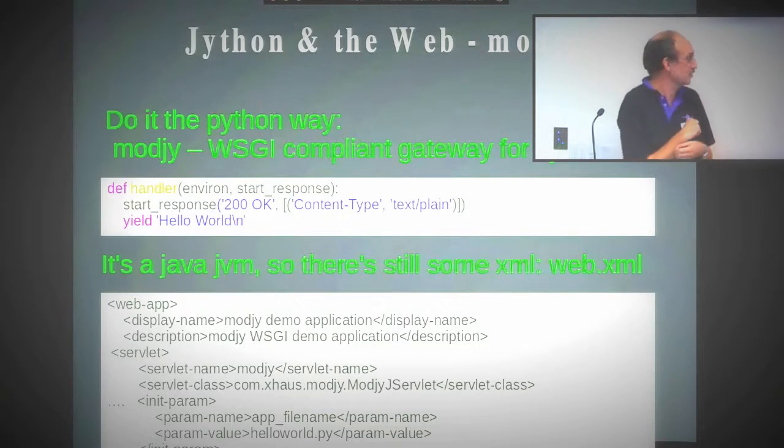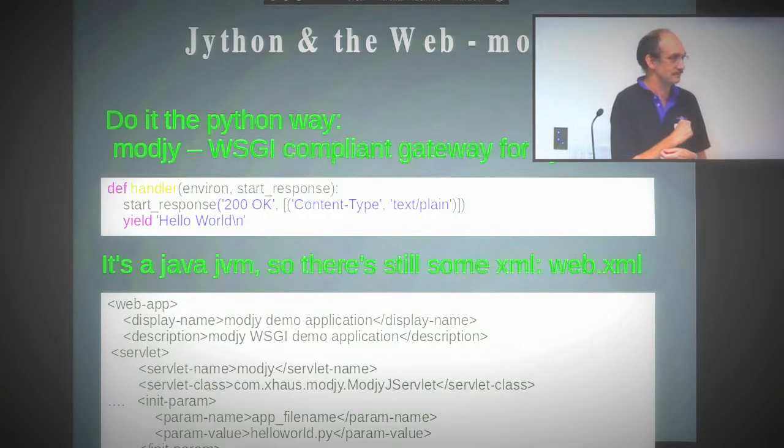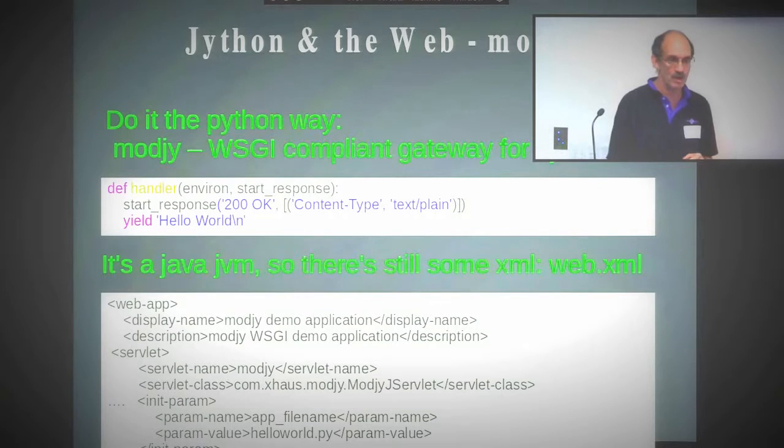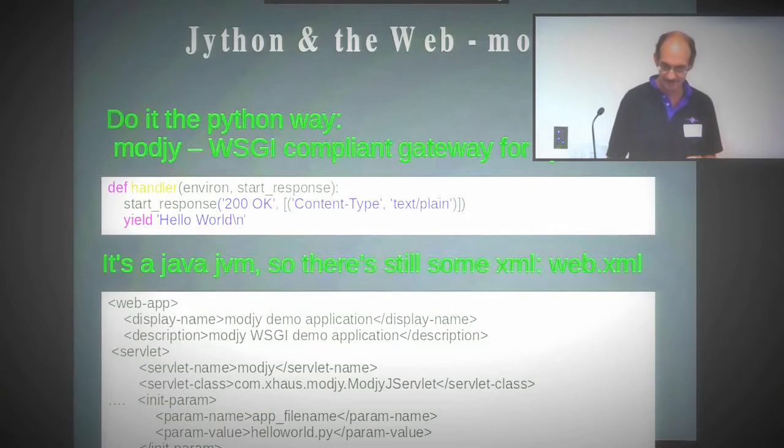The challenge here still is we're running on Java, so we've still got to write some XML. And this is just a snippet of the web XML where we're defining that we're using the modjy servlet and that we're calling our helloworld.py. And then once you deploy it, it reads that file and it knows how to run it.